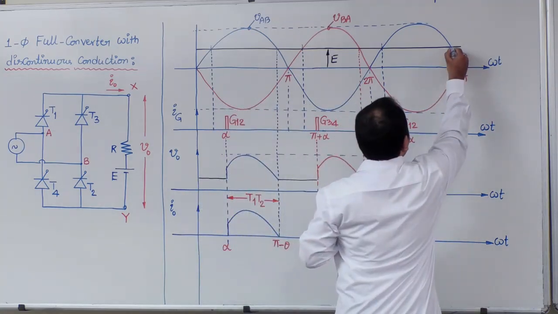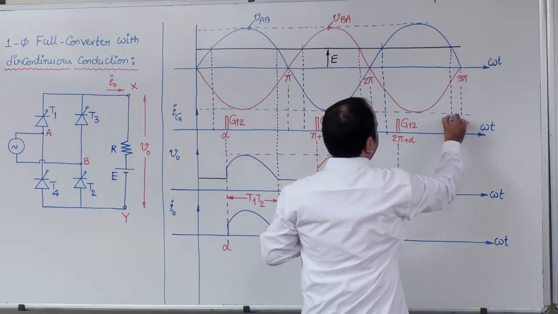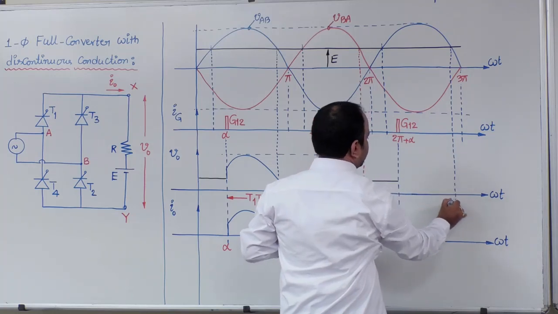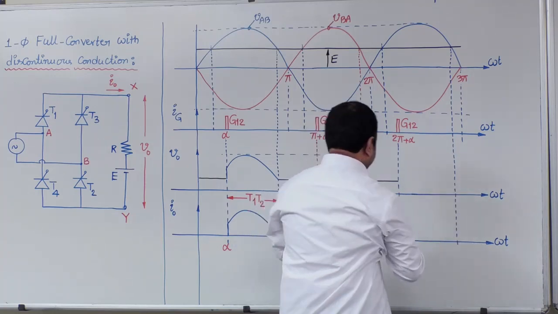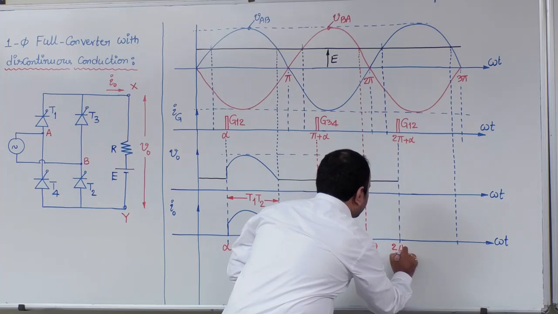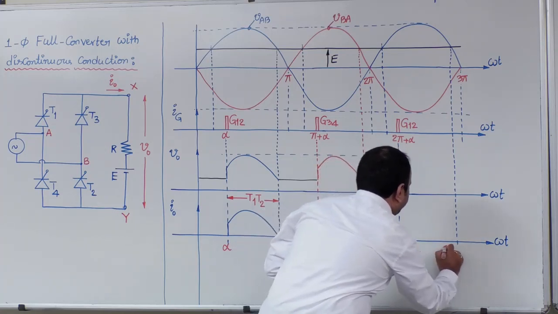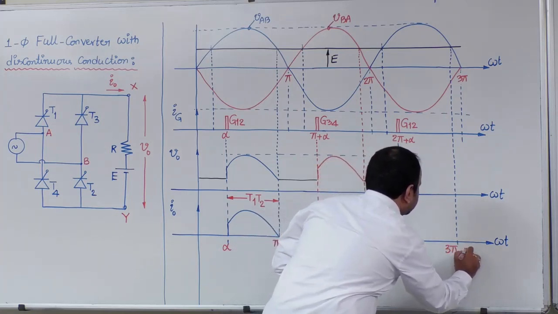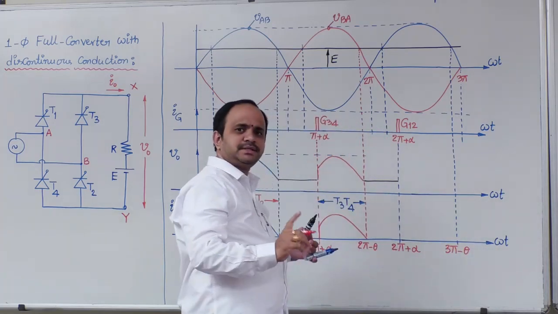Now 2 pi plus alpha to 3 pi minus theta, this is 2 pi plus alpha and this is 3 pi minus theta.